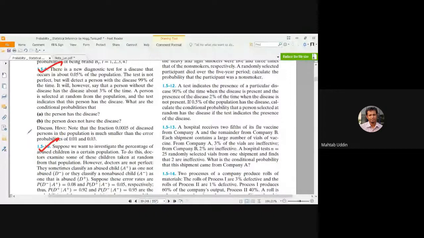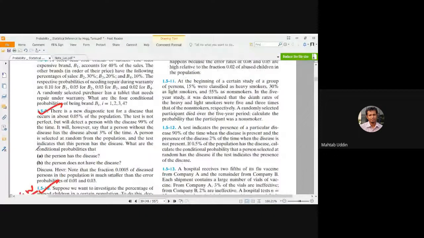So 10 is homework. I'm going to the last math, number 9. Now read the question carefully for 2 minutes and let me know what is given and what is asked.